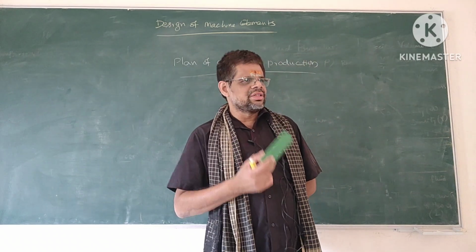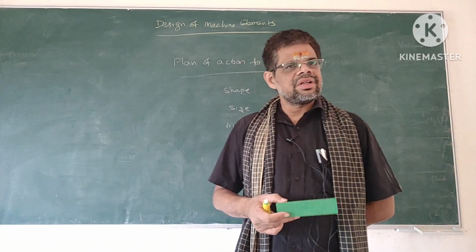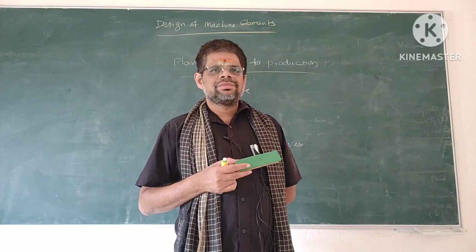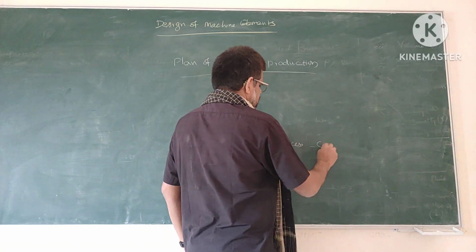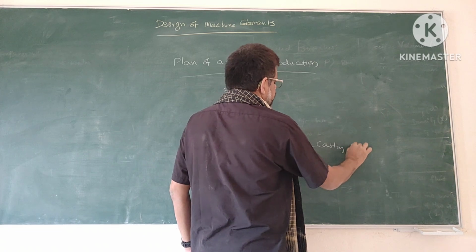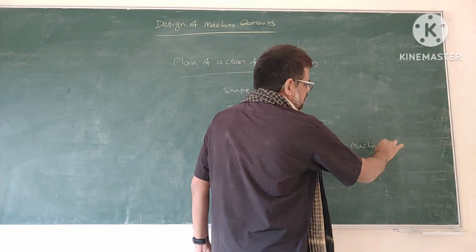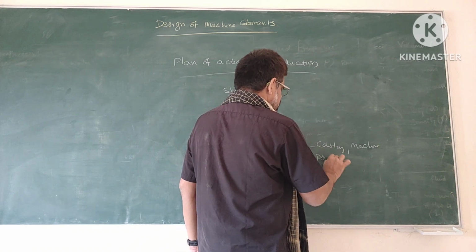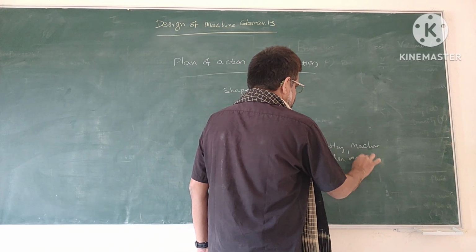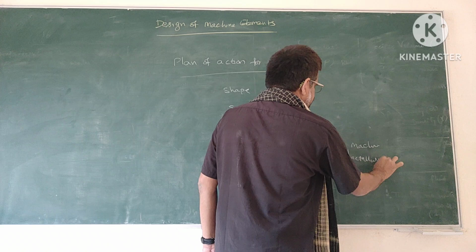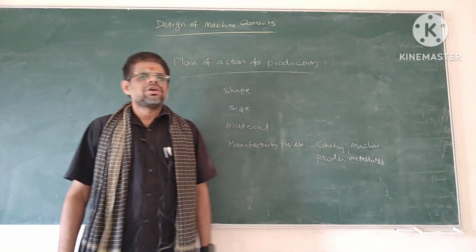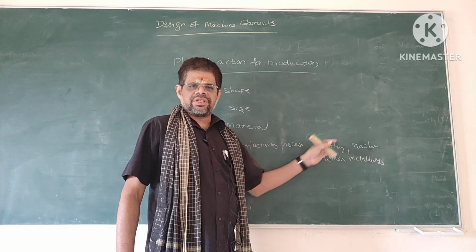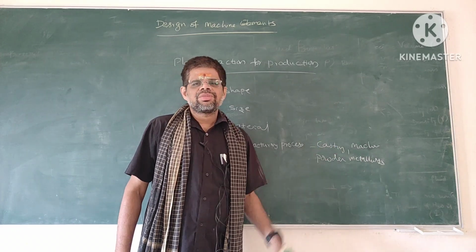Foundry is nothing but casting, so casting is one of the manufacturing methods. And then? Machining. So like casting, machining. And some of the components can be made by using powder metallurgy.